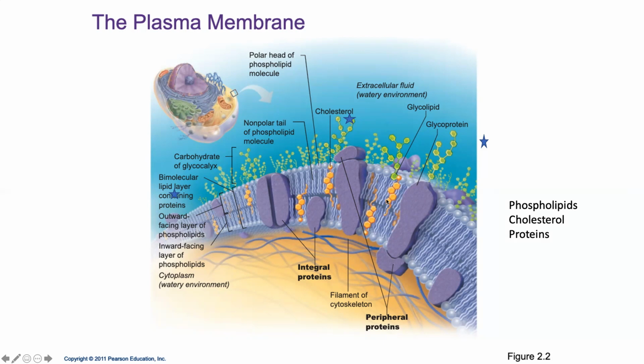And on top of that, we will have protein here. This protein is what we call an integral protein because it is embedded in the phospholipid bilayer. And there will be a few other proteins which are just attached to the cell membrane. It is not crossing the plasma membrane.